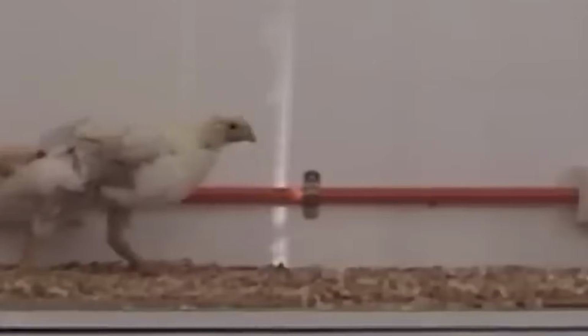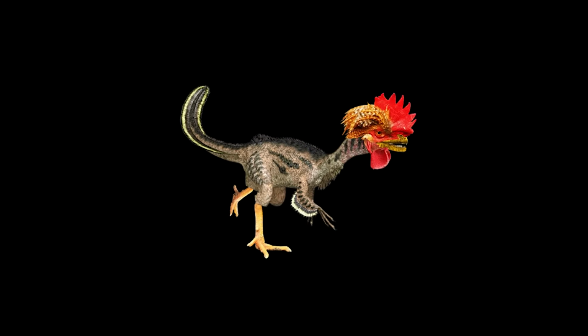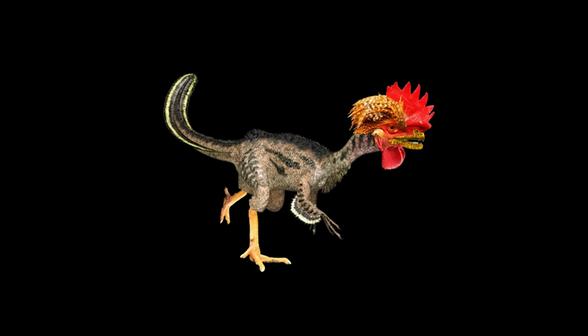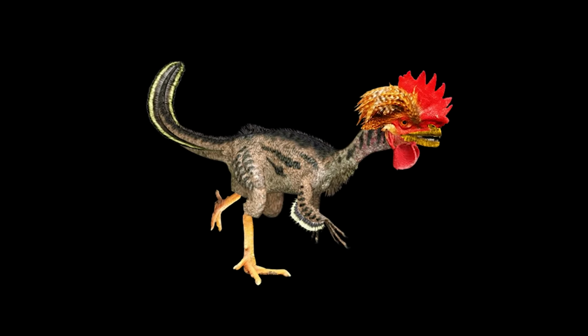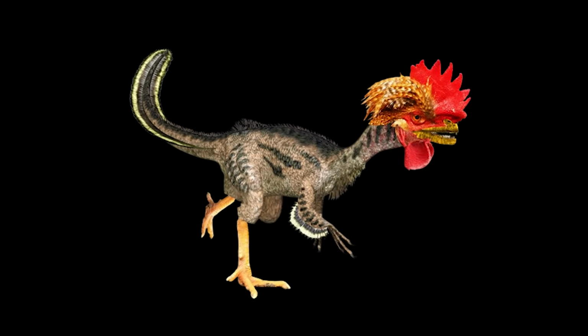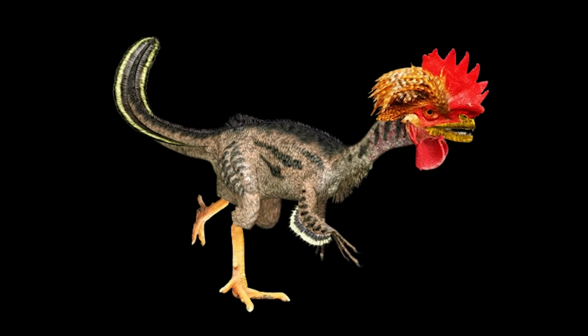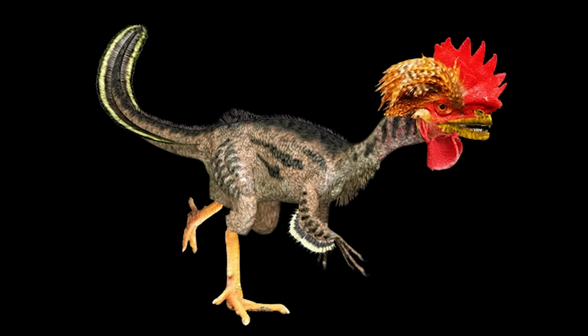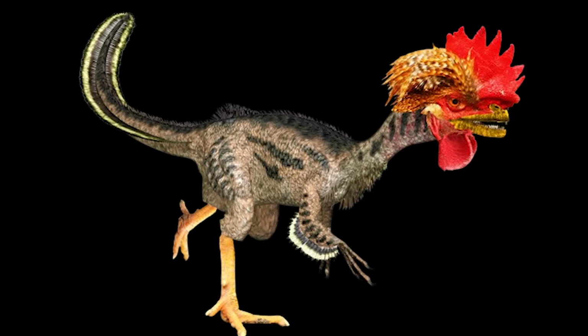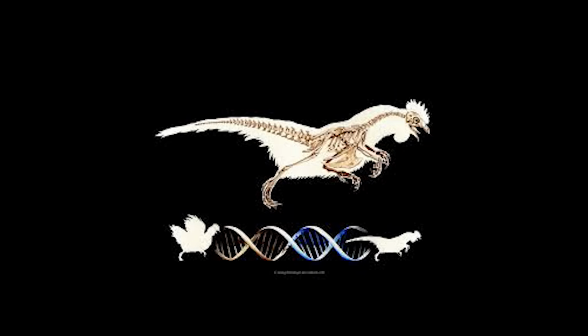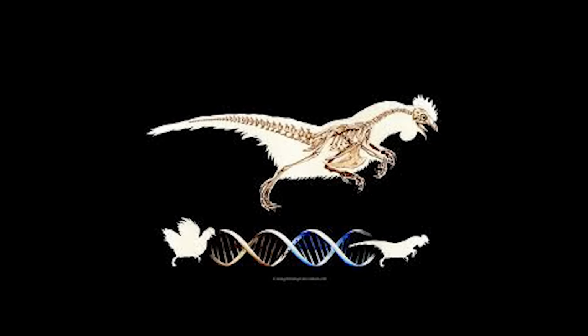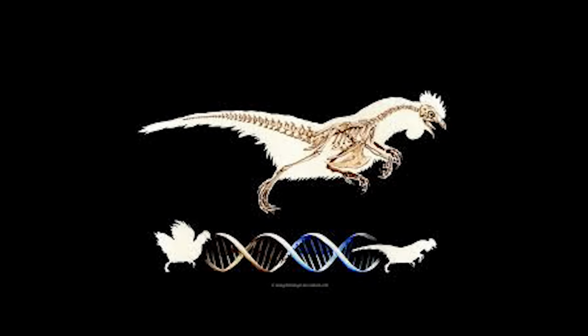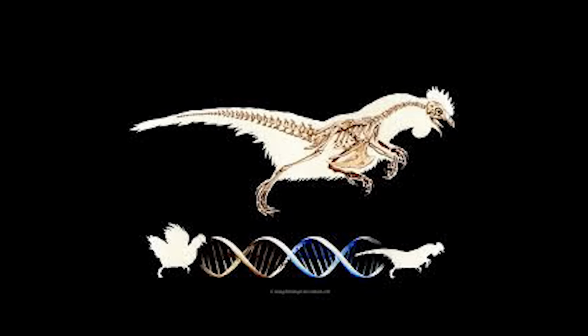The idea involves attempting to reverse engineer a bird, particularly a chicken, to express traits reminiscent of its dinosaurian ancestors, such as those of the velociraptor or other non-avian dinosaurs.